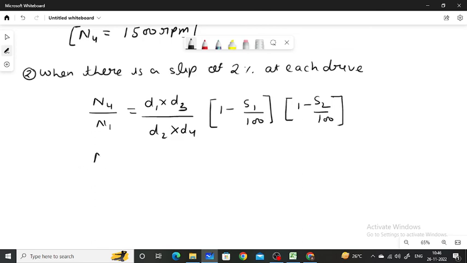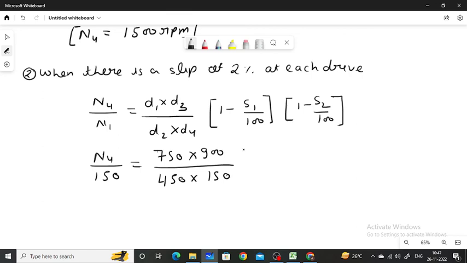Now N4 upon 150 will be equal to 750 into 900 divided by 450 into 150, into 1 minus 2 upon 100 into 1 minus 2 upon 100.